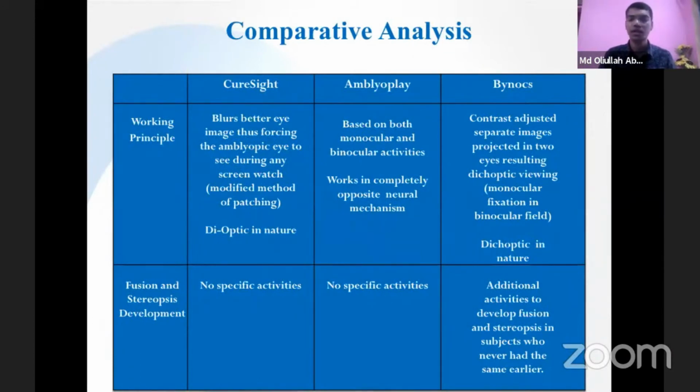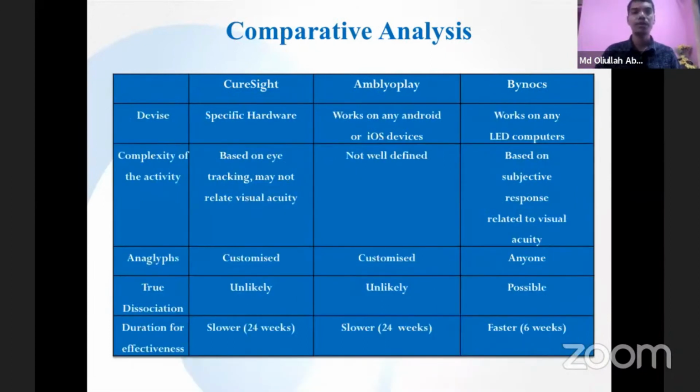So these are just a general overview of all three together. I will not be going into detail, but a summary. If you see the working principle, it is all in terms of the MFBF concept, but somebody is trying to work on just presenting binocularly and trying to do a mix of matching and a binocular approach, which is a completely opposite mechanism, where we feel that it needs to be only one way, whether you choose a monocular or a binocular approach.